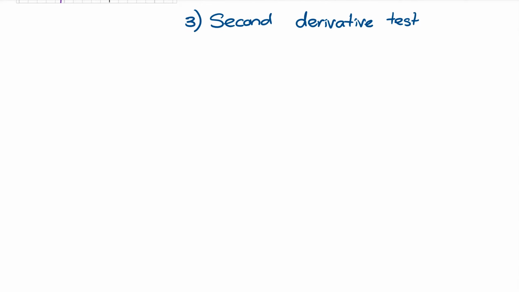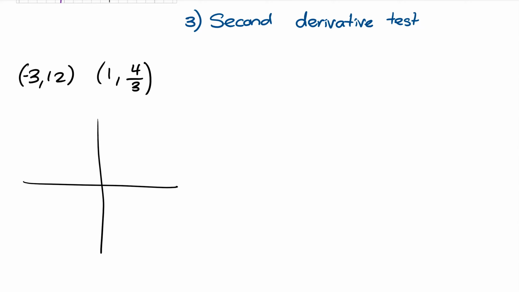So we were given those turning points, (-3, 12) and (1, 4 over 3). That's what you found. What you could do in the exam is draw a set of axes, x and y, and I'll write the original function over here as well, drawn in a different color. f(x) equals x cubed over 3 plus x squared minus 3x plus 3.